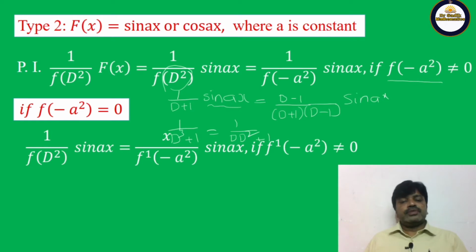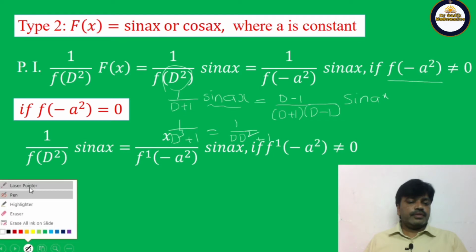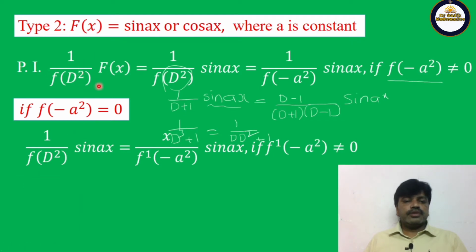Once again, the concept is 1/f(D²) sin ax, friends. Whenever there is a D², only then do we replace it with −a². If there is D², we replace with −2², for example. If there is D, we rationalize the denominator, thereby we get D², simply replace, and then operate D − 1 on sin ax.